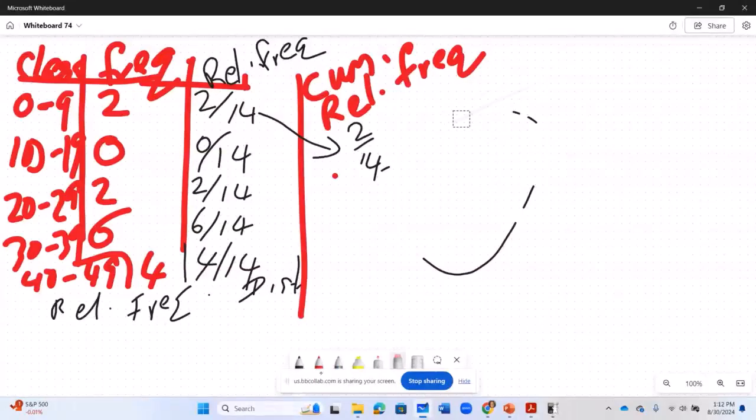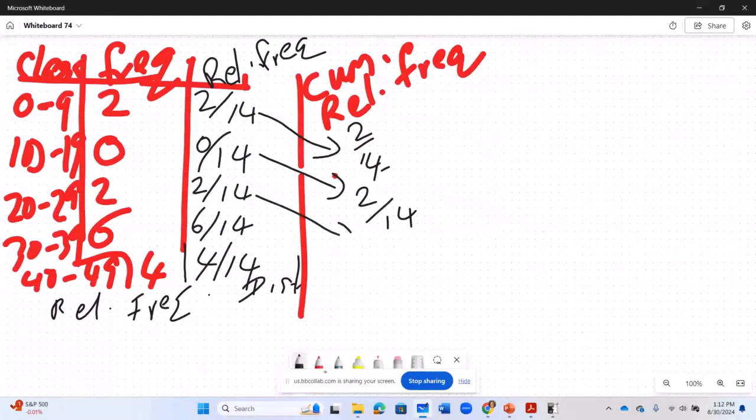The cumulative relative frequency for the second class is 0 plus 2. So for the second class, the cumulative relative frequency is still 2 out of 14 because the frequency of the class is 0. The cumulative relative frequency of the third class is 2 plus 2, 4 out of 14.